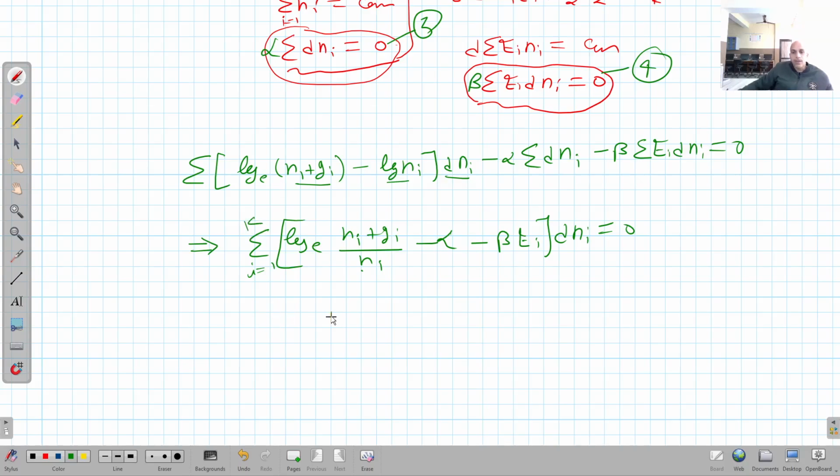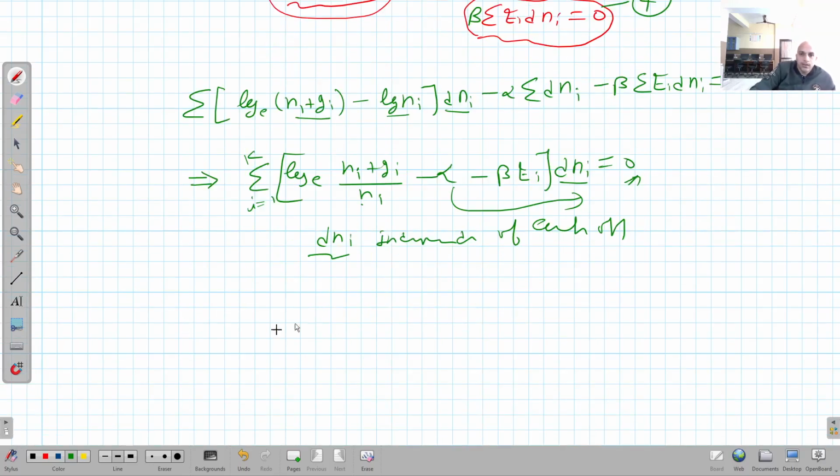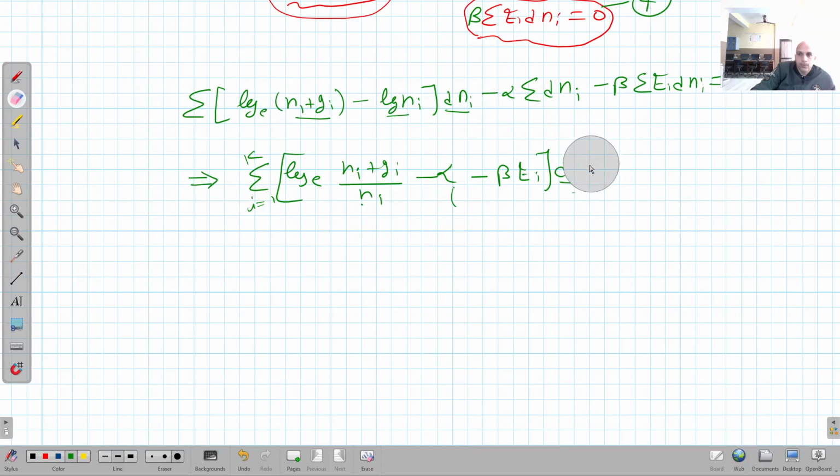Now, as the dNi are independent of each other, the summation cannot be zero by the dNi, so the term inside the bracket must be equal to 0. So this should be equal to 0. Here it is alpha.